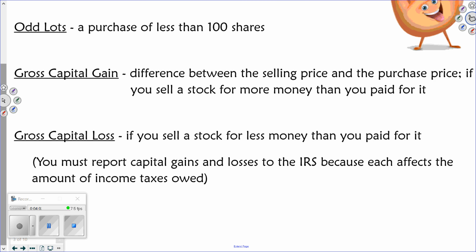And then also you must report capital gains and losses to the IRS because each one of them will affect the amount of income taxes that you owe. So if you make money on the stock market, remember the part on your tax forms? It was like stock dividends. You guys remember that? So if you make money on the stock market, you have to pay taxes on that. If you lose money in the stock market, you get a tax break.